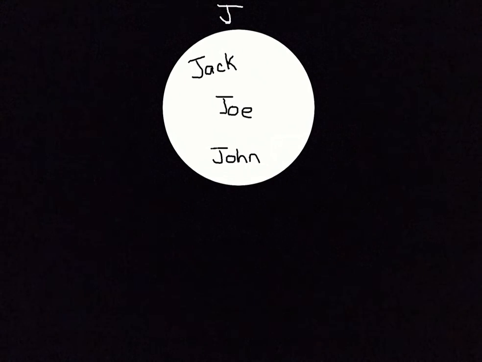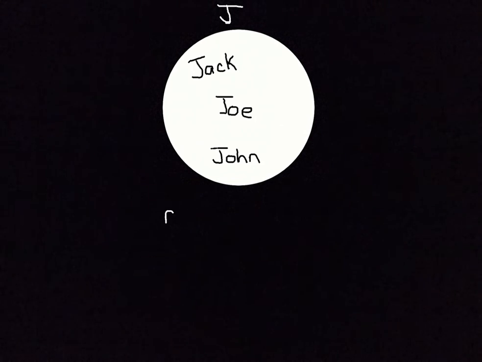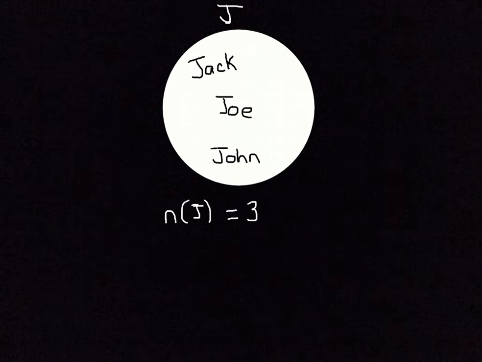All right, so here I have a set I'm calling J, and in set J are Jack, Joe, and John. There are what we call 3 elements. The notation that we use to show the number of elements is, in this case, the number of elements in J. How many elements are there here? Well, there are 3 elements, or 3 members.